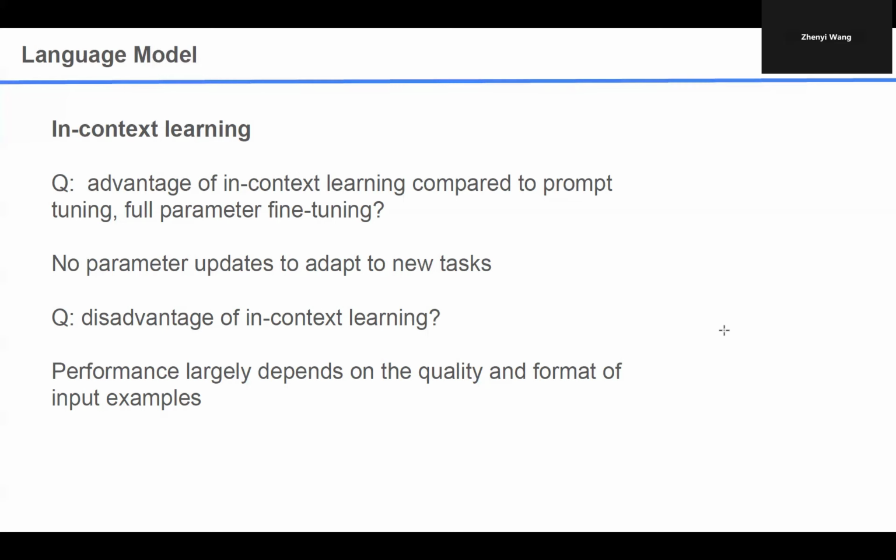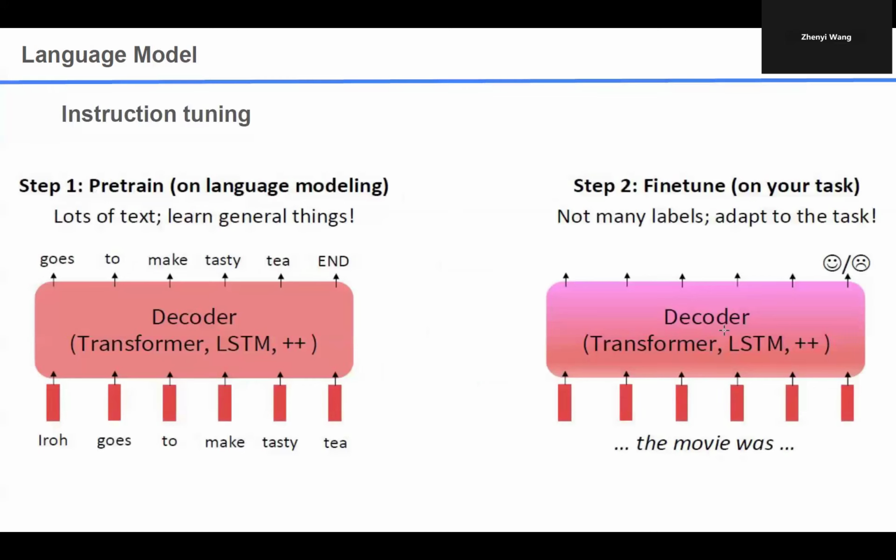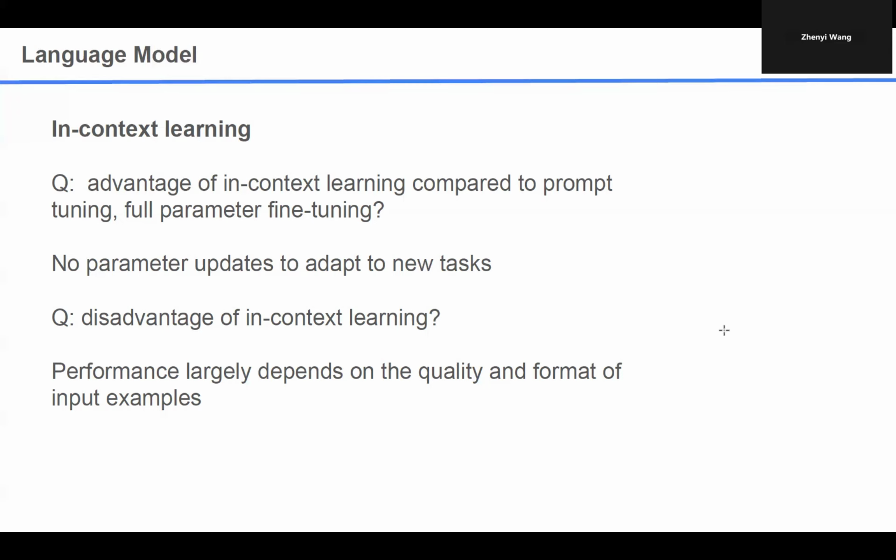Next is instruction tuning. Instruction tuning is to combine the several previously discussed techniques. For example, instruction tuning is to address the limitations of in-context learning, because for in-context learning we don't perform any gradient updates.